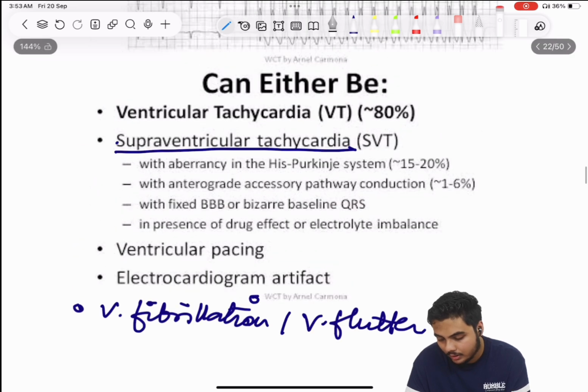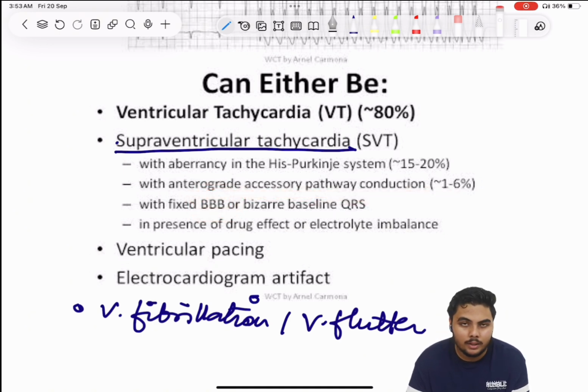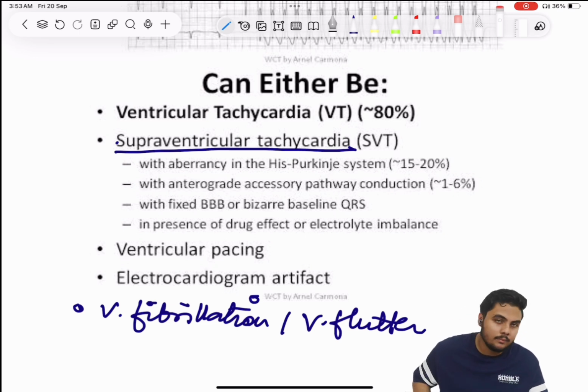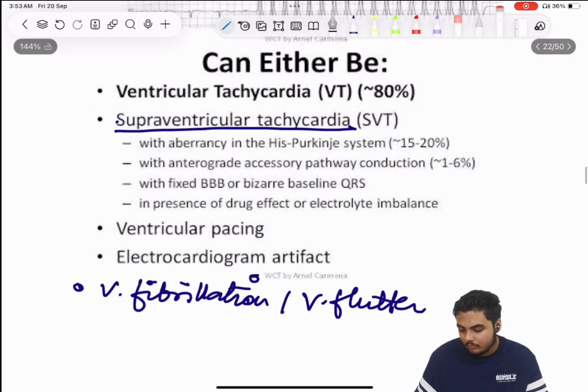And one other differential can be supraventricular tachycardia with bundle branch block or conduction pathway defect, or some blockade in between the pathway, right? So the most important differentials to include in case of wide QRS complex tachycardia, the most common one, around 80% to 85% of cases, is ventricular tachycardia itself, then ventricular fibrillation, and SVT with blockade, right?